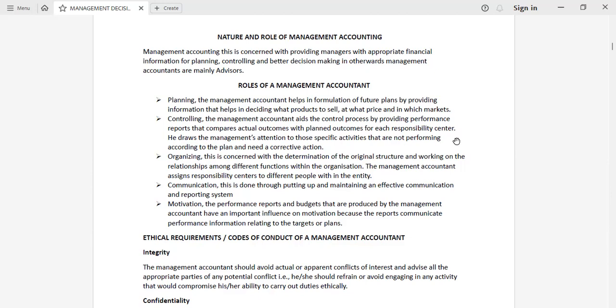For example, you may find a scenario whereby the human resource manager tells you that an organization has a higher labor turnover. Then you need to find measures to solve that, since you're a management accountant, because we always look at the management accountant as the problem solver in an organization.